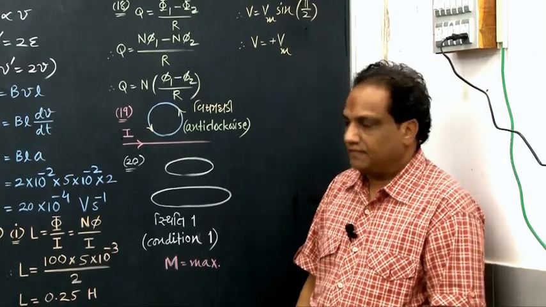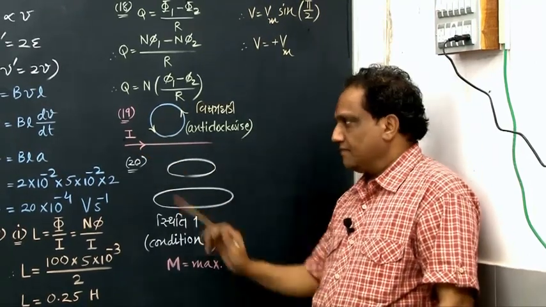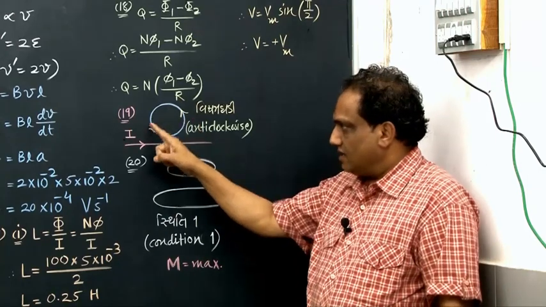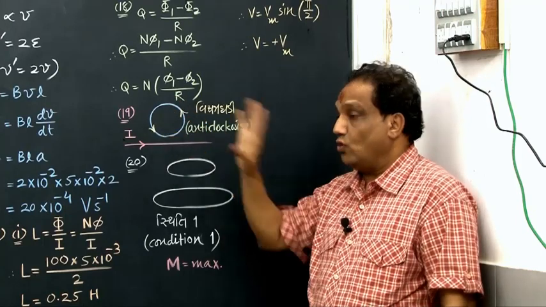We are given a straight long wire through which I amount of current is passing, and in the neighborhood of this wire we have a loop.